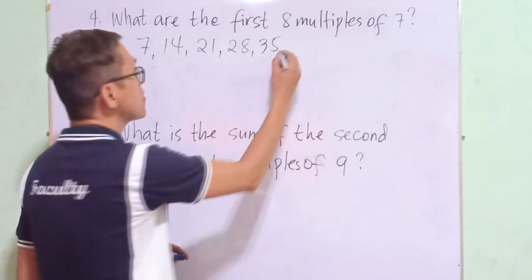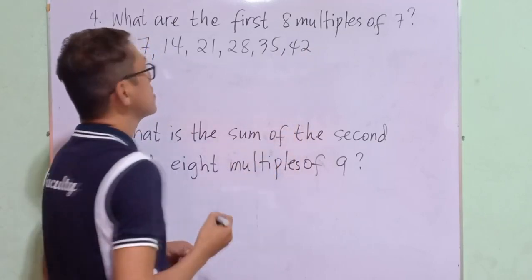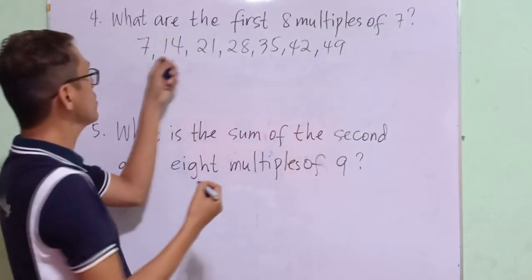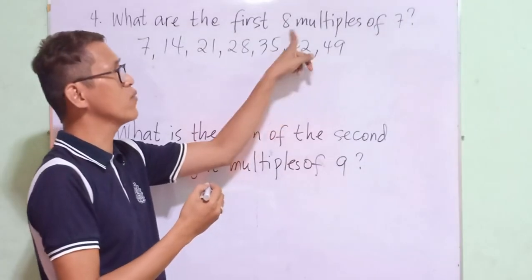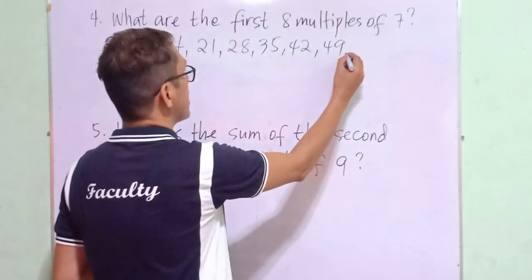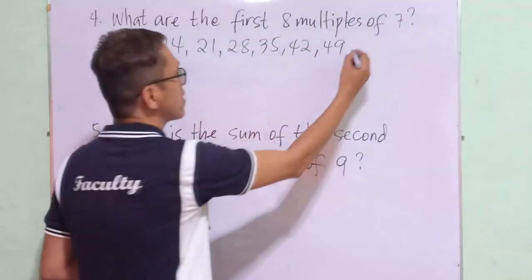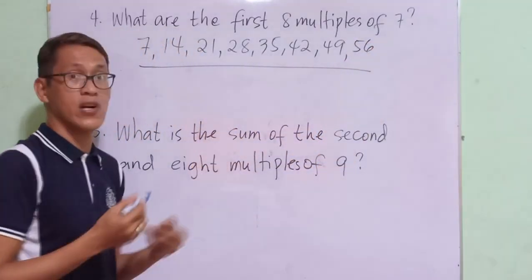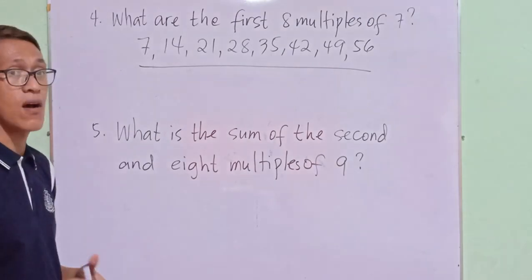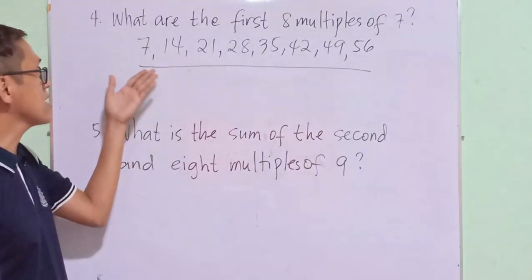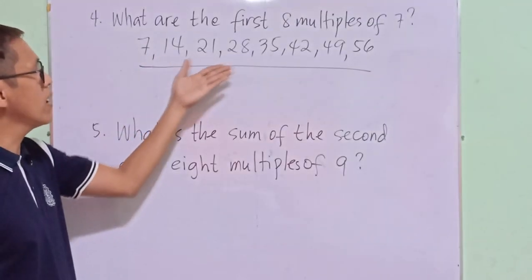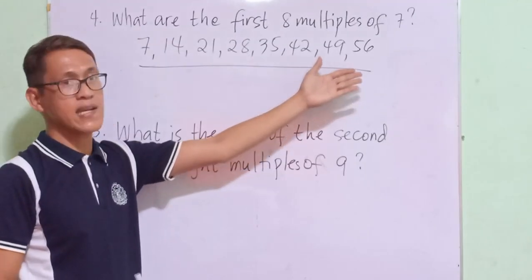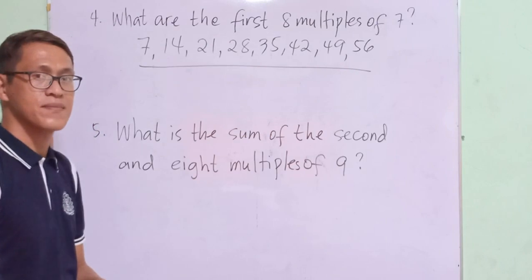Times 6 is 42. Times 7 is 49. So we have 1, 2, 3, 4, 5, 6, 7. We need one more. Times 8, we get 56. So these are the first 8 multiples of 7. We have 7, 14, 21, 28, 35, 42, 49, and 56.